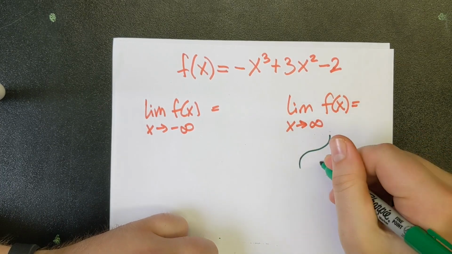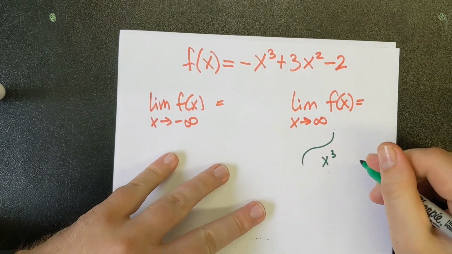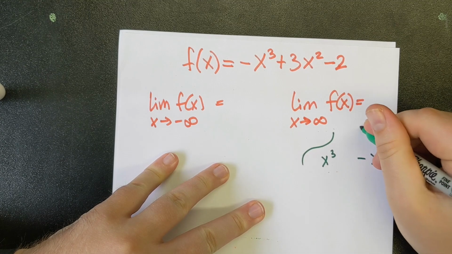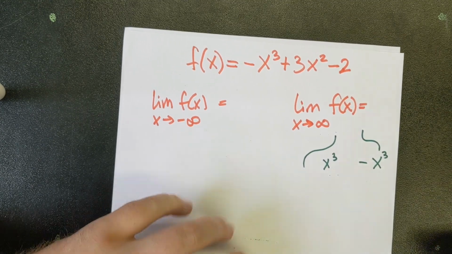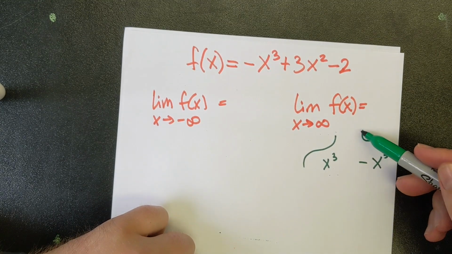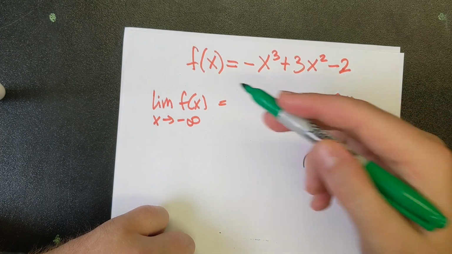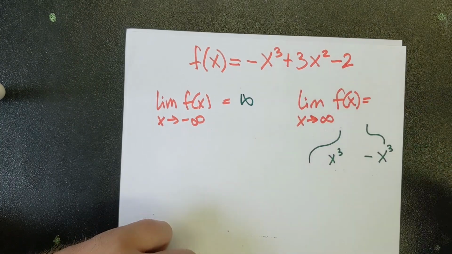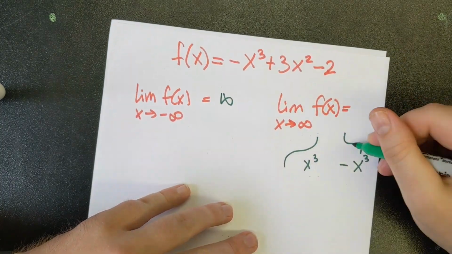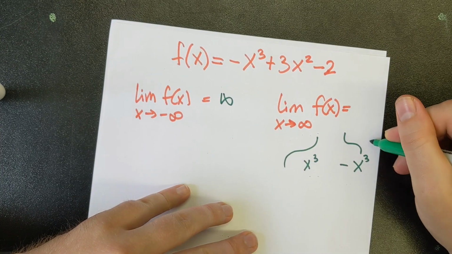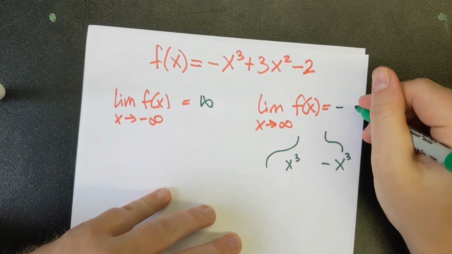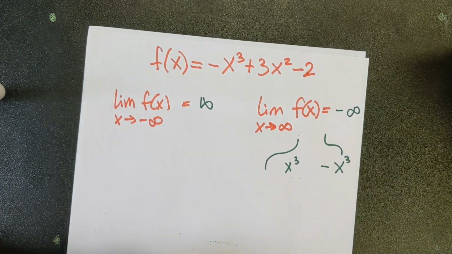Well, you know x cubed looks something like this. So negative x cubed will look the opposite, something like this. So as I go off to the left to negative infinity, as x goes to negative infinity, I'm going up to positive infinity. And as I go to the right towards positive infinity, my graph's going down to negative infinity.